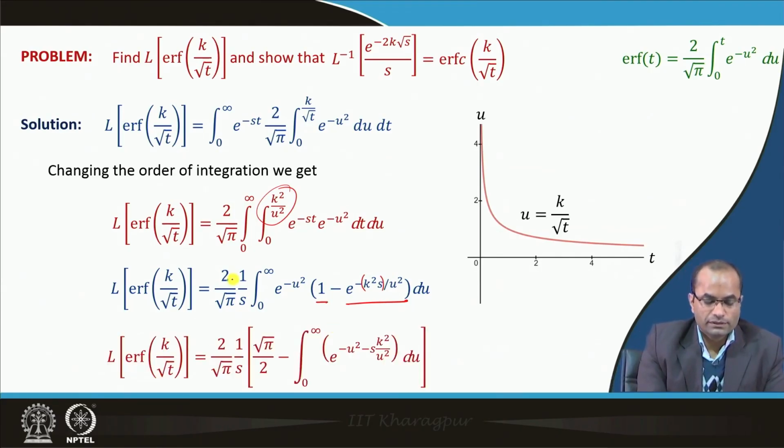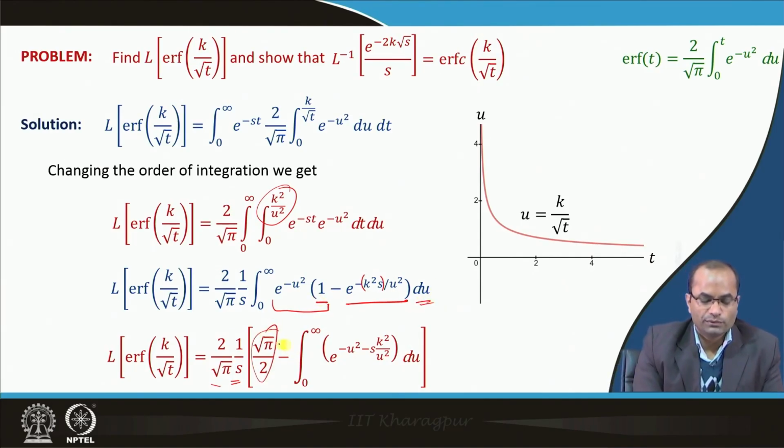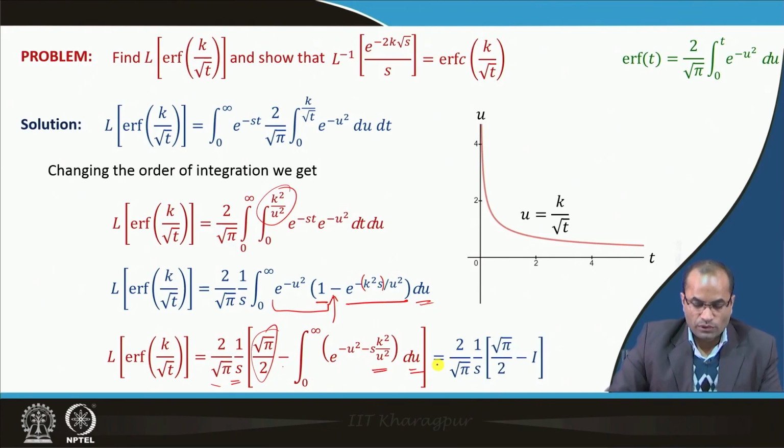So, the error function is 2 over square root pi, we have 1 over s, and this first integral, which is e power minus u square over u, which is square root pi by 2, and then with this minus here we have e power minus u square minus s k square over u square, and then we have du.